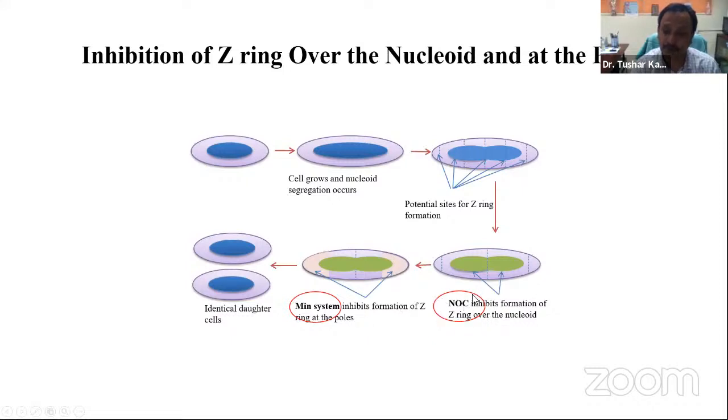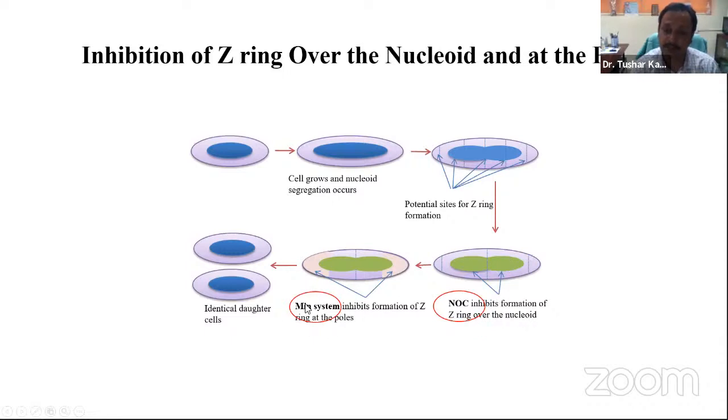One is the nucleoid occlusion system, which makes sure that ring formation does not take place over the nucleoid. There are supposed to be rings, but over the nucleoid there is no ring formation, because the Noc protein inhibits FtsZ polymerization over the nucleoid.